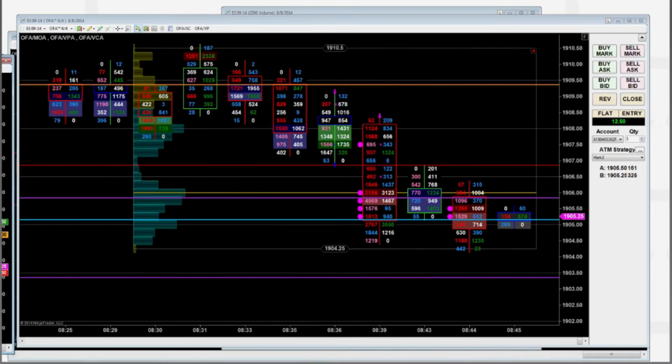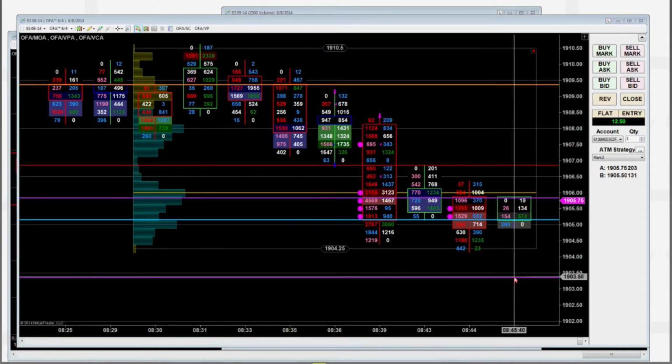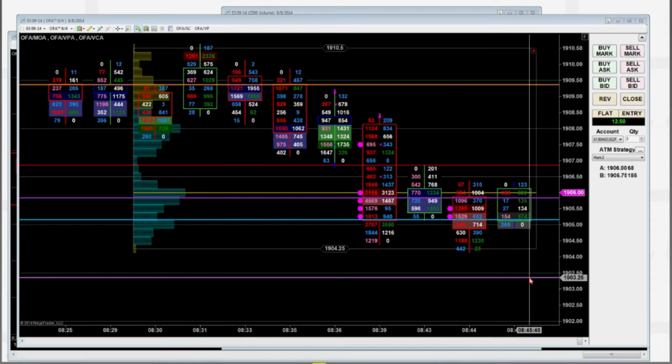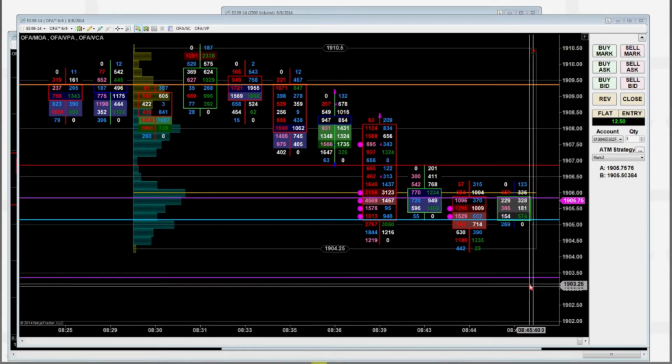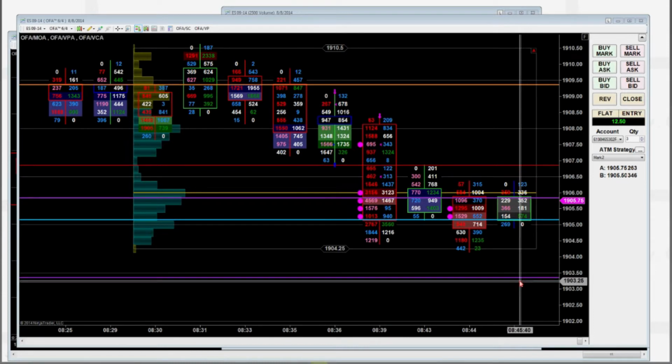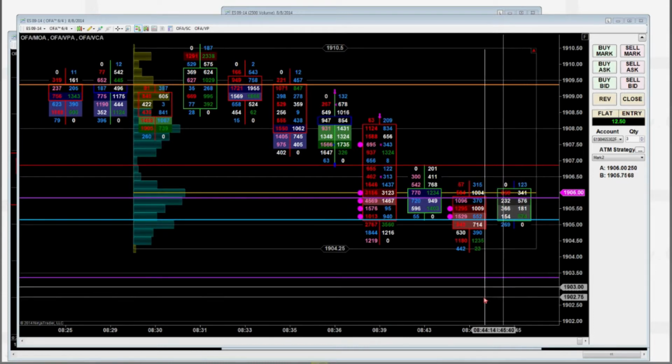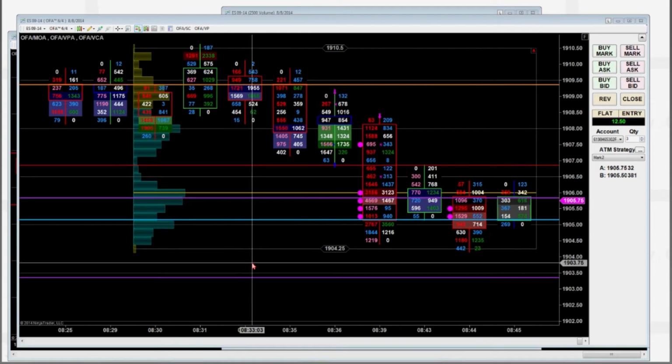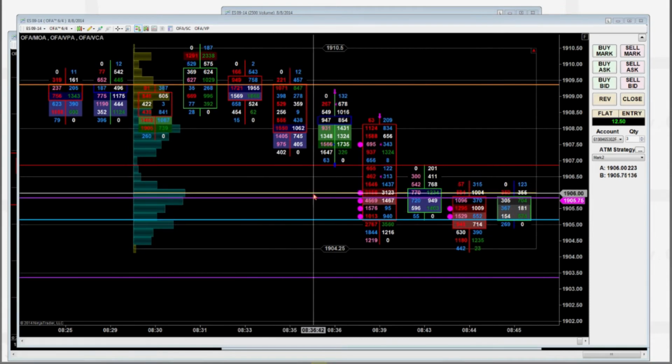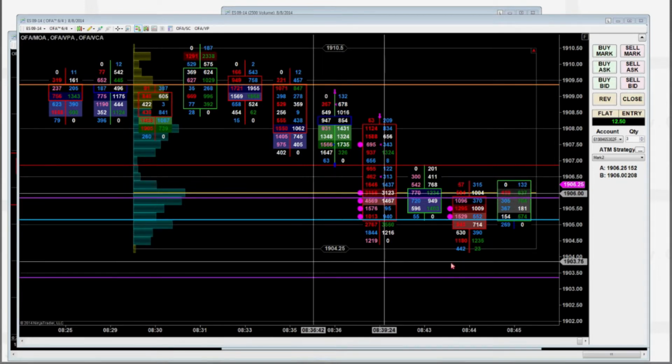The closing swing low from yesterday was right here at 1903.25. So we have VPOC shift down to 1906.